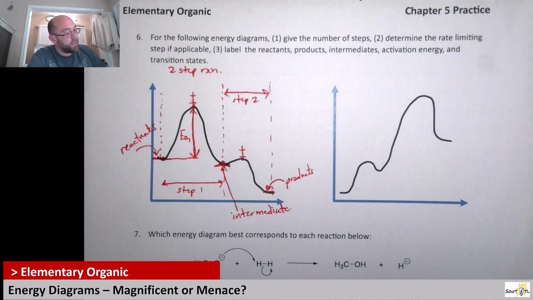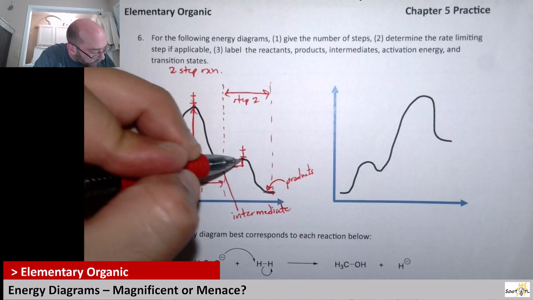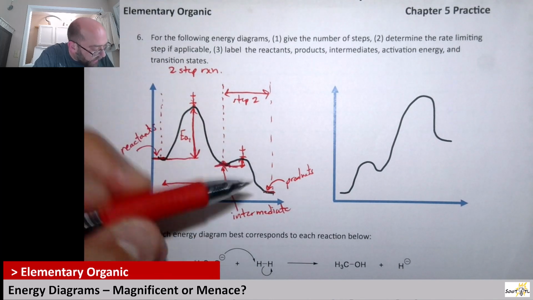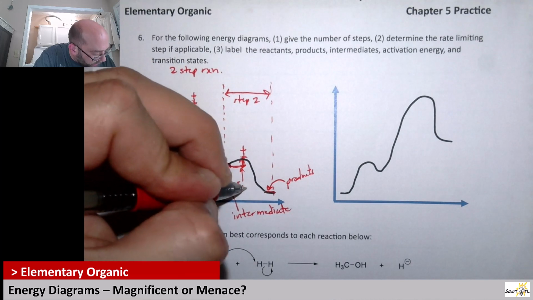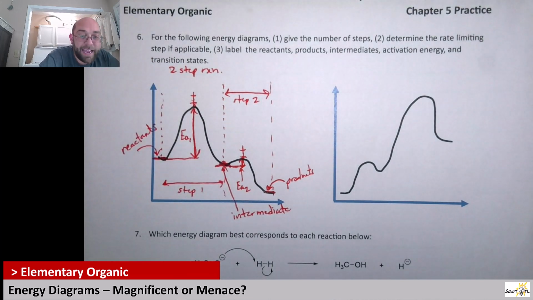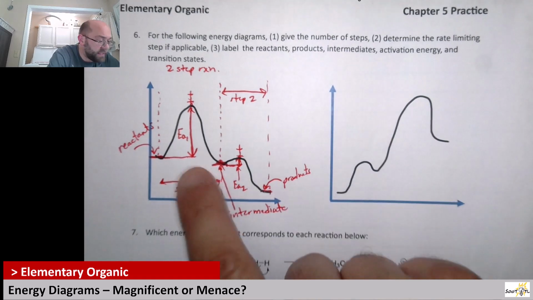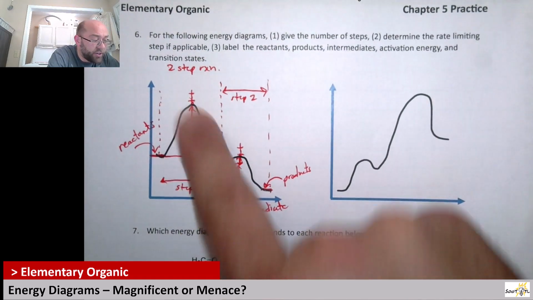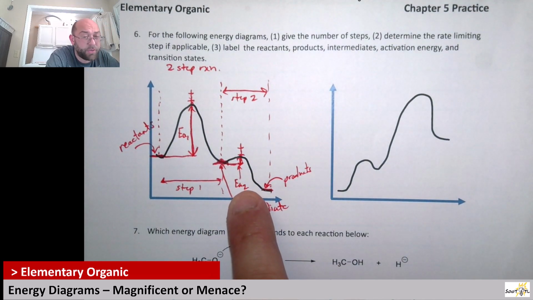And then looking at our second step, from the beginning of that step to the highest point, this little bitty area right here would coincide with our activation energy for step 2, or EA2. Two steps, two activation energies. Which one includes a whole lot more energy? We would have to say step 1. The activation energy there is much larger than at step 2.